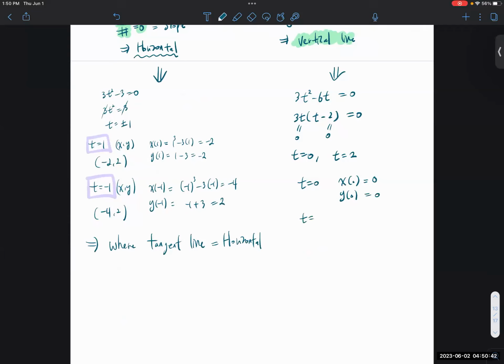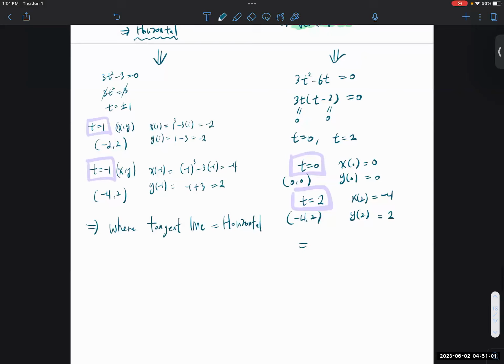For t equal to 2, x of 2 equals -4, and y of 2 you will get 2. So we have (0, 0) and (-4, 2). These are the particular points where the tangent line is vertical.